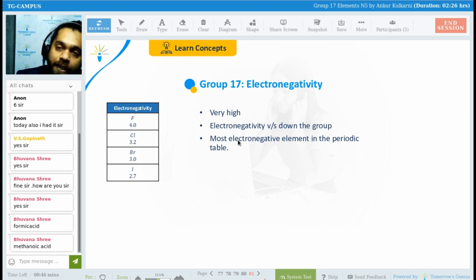Okay, electronegativity. We all know what we mean by electronegativity. What do we mean by electronegativity?